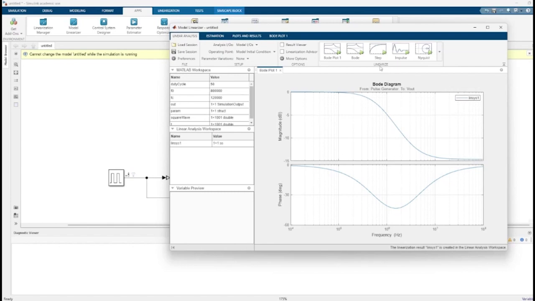We get the signals in a logarithmic plot from 10 to the power of 4 to 10 to the power of 8 hertz. So around 800 here is the resonant frequency, and then we get above it the cutoff frequency. That's all.